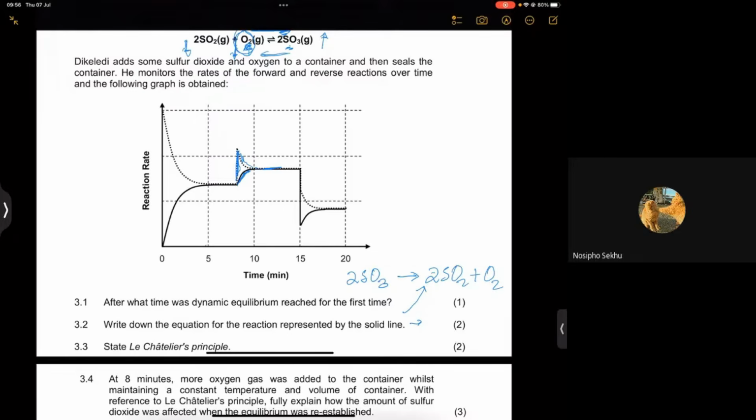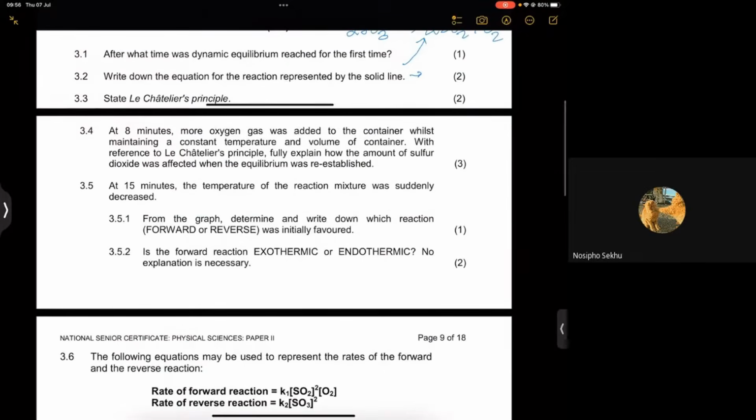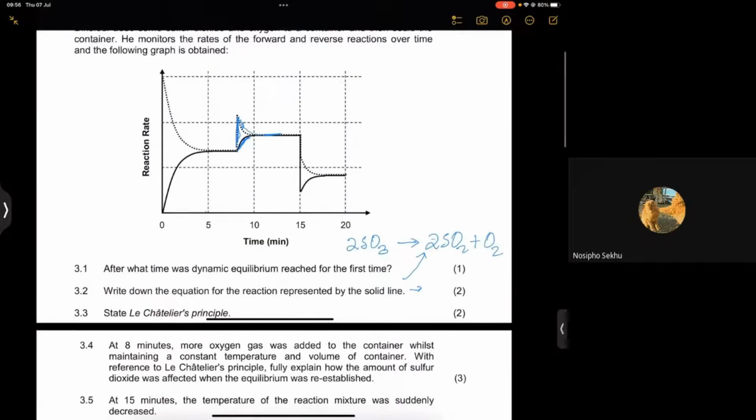They ask which reaction was initially favored. I'm not sure about that word favored, but I know which reaction reacted the most. It would be the reverse reaction.